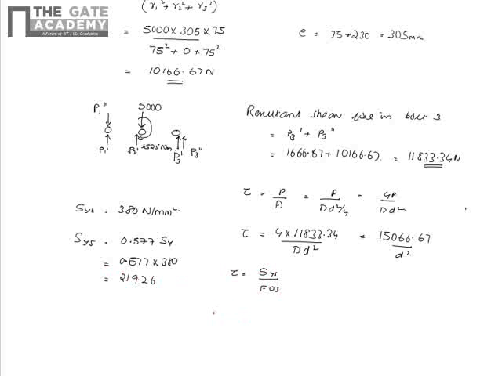So this will give us 15066.67 by d square equal to 219.26 Newton per mm square divided by factor of safety 3, which gives d square is equal to 15066.67 into 3 divided by 219.26, which is 206.14.